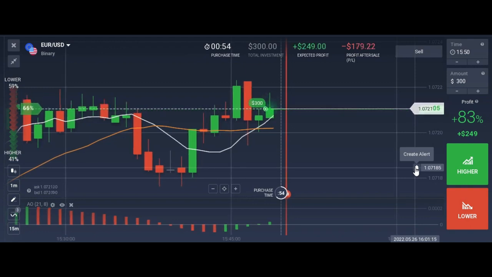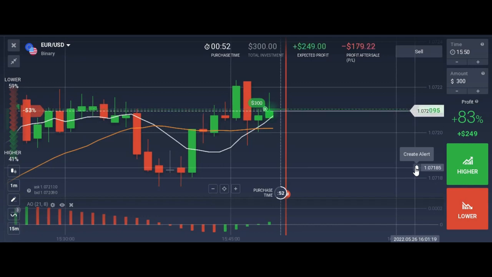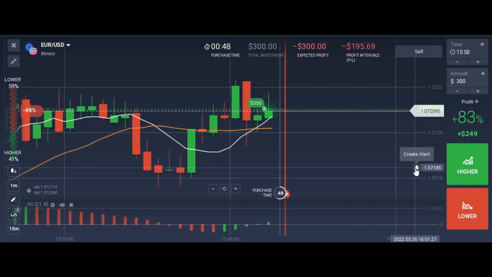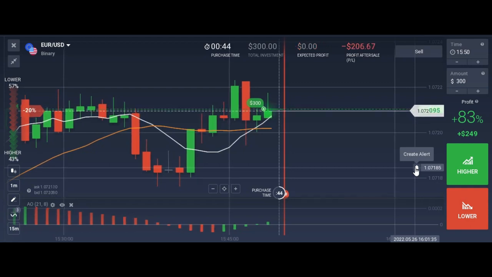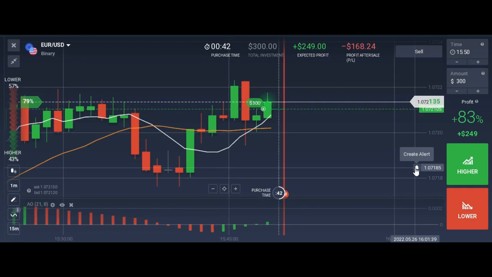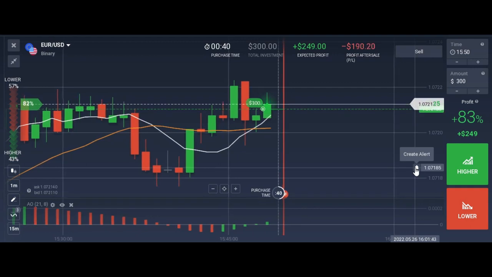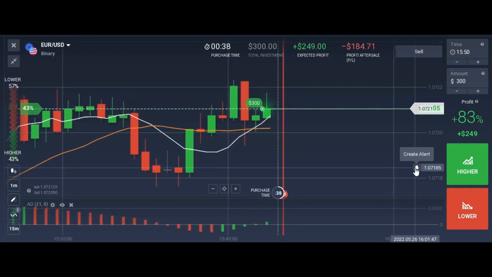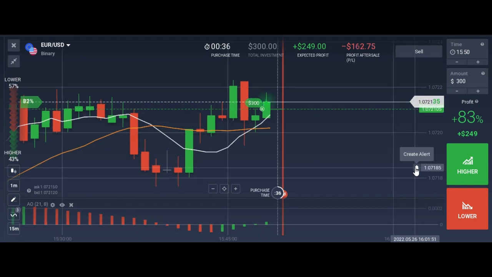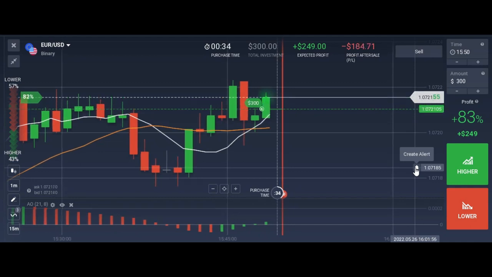Always expect a large bar on the Awesome oscillator and not a small bar that is barely visible. This way the signal will be more effective. Be careful if you operate against the trend, since it's more risky.